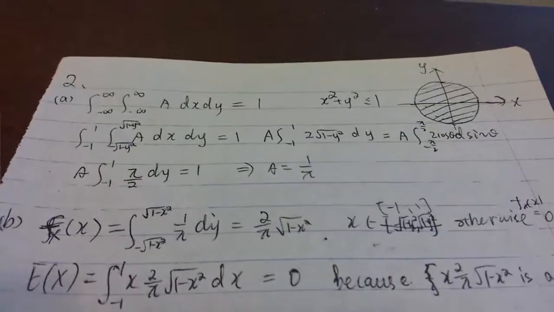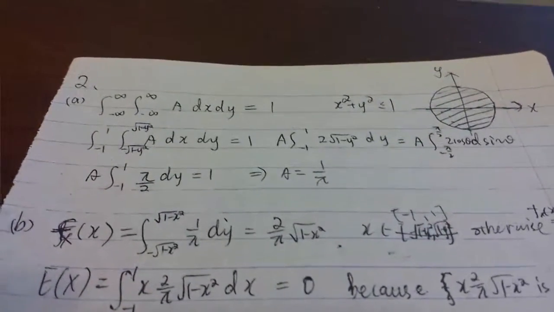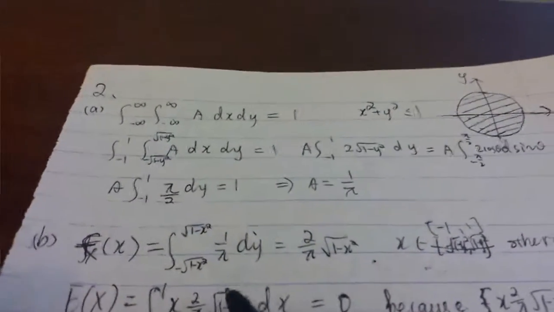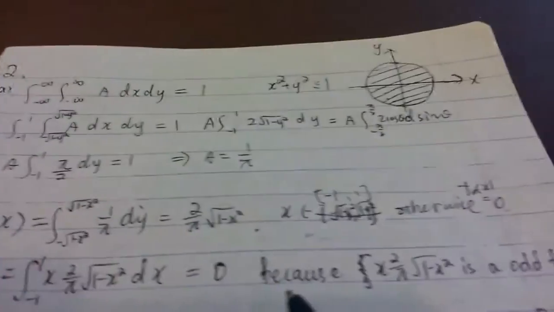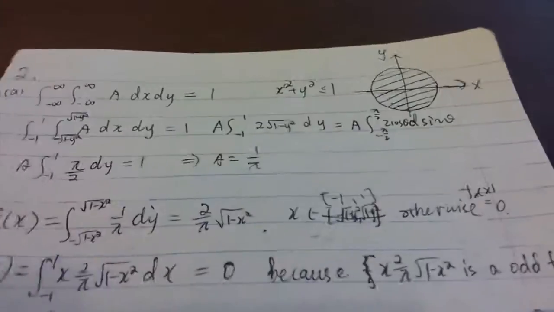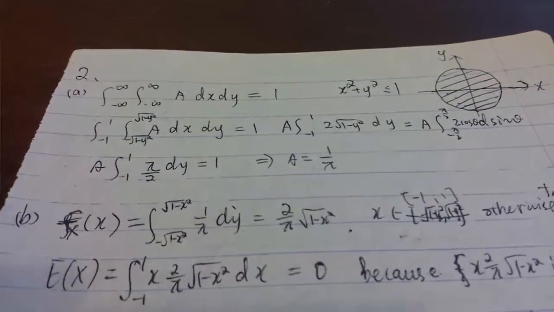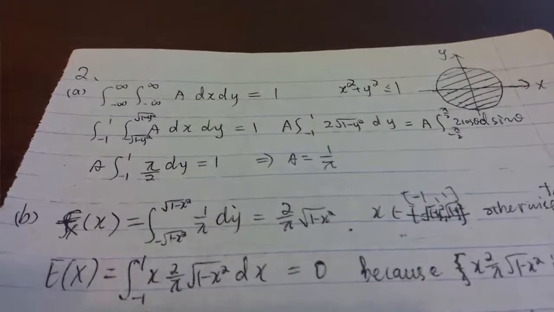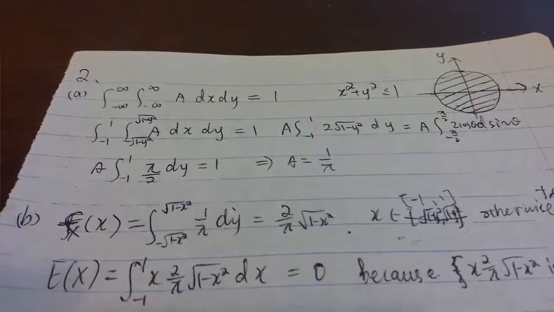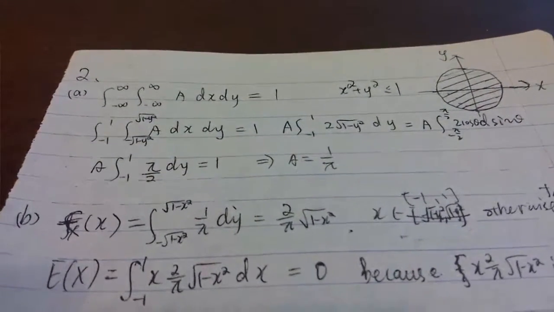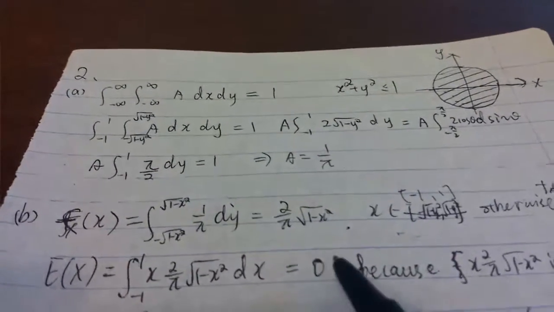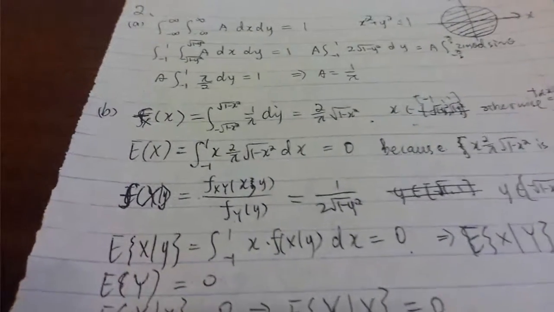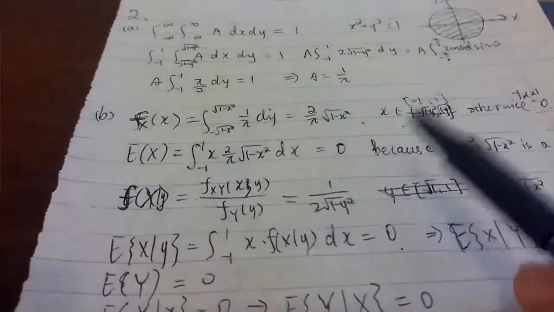Because x times this PDF is an odd function, when we integrate this function over a symmetrical domain from -1 to 1, the integral is 0. The same as y. So the expected value of y equals 0.